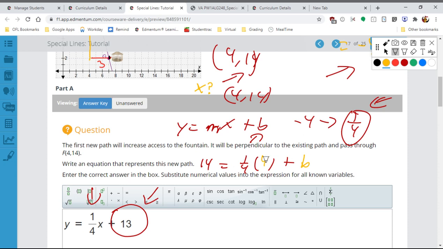All right, so 1/4 of 4. So 4 divided by 4 is our 1. So from here, how do I get that 13? I get 14 equals 1 plus b. Okay. How am I going to get that 13? Anybody know?